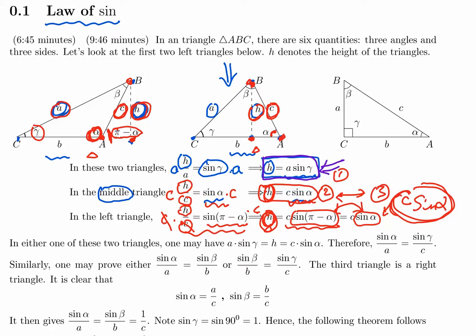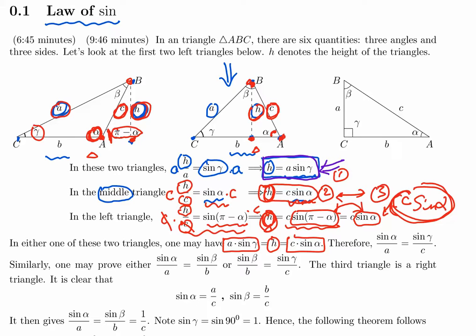Okay, so you then have H right here is A times sine gamma in the first case. You also have H equals C times sine alpha in the second and third cases. This basically tells us A sine gamma equals C sine alpha.